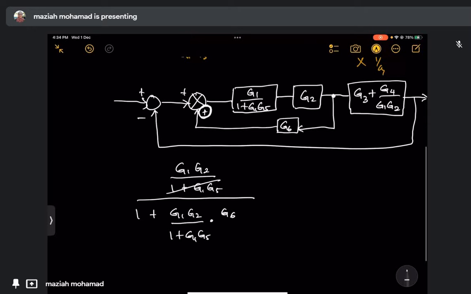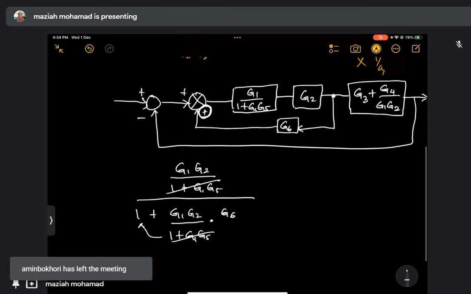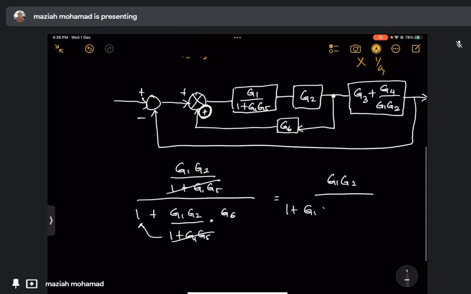Alright, this one can be cancelled. Multiply here, it will equal G1, G2 over 1 plus G1, G5 plus, okay, minus. The sign here is positive, so the sign there is minus. So this one will become minus G1, G2, G6.